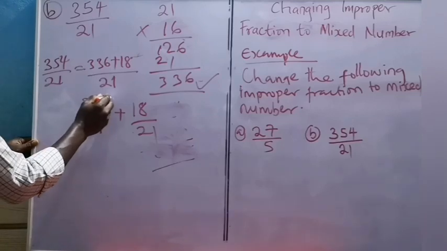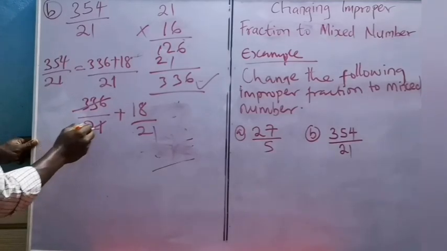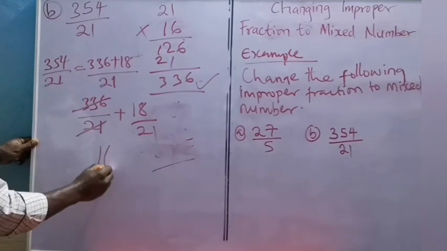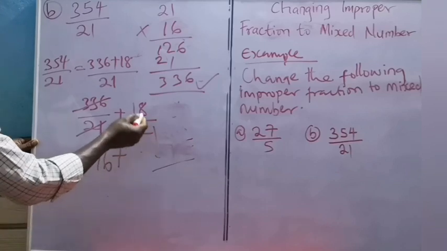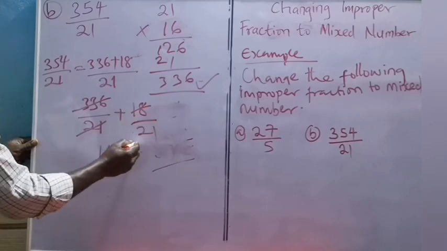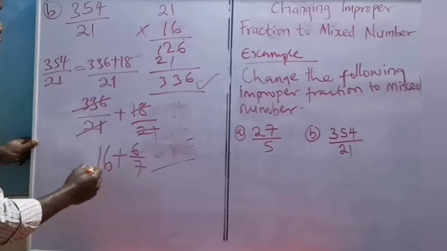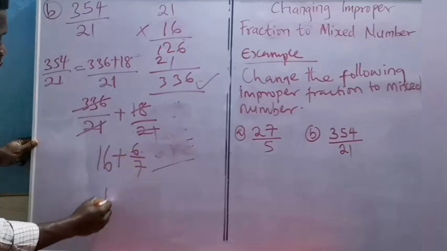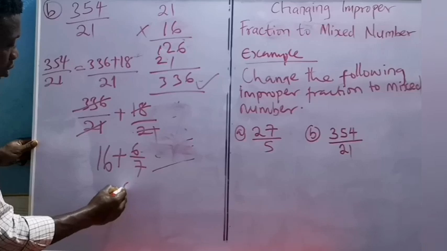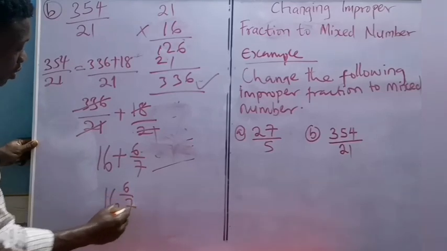Now when we divide 336 by 21, we will have 16, so here will be 16, then plus something can go here. 3 here is 6, 3 here is 7. Now we can combine these two so that we now have 16 whole number, 6 all over 7.